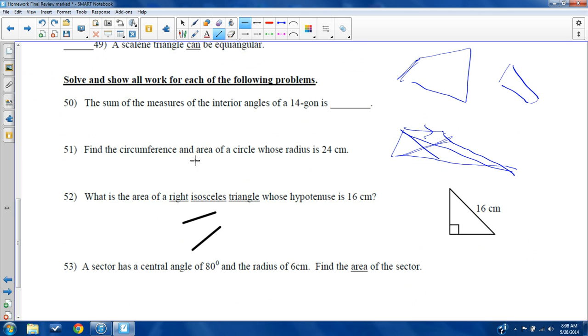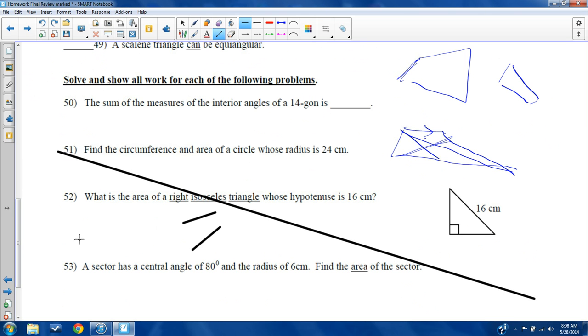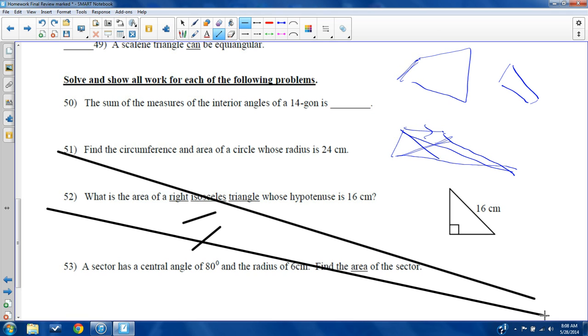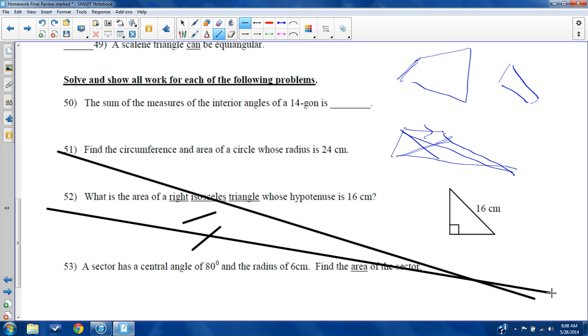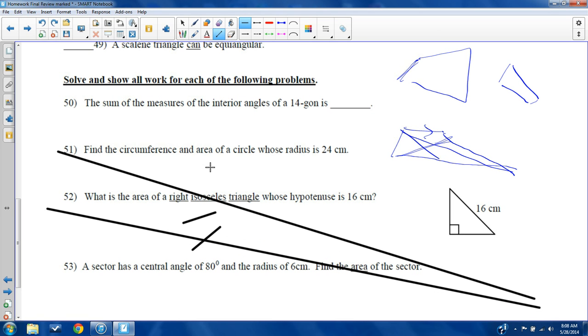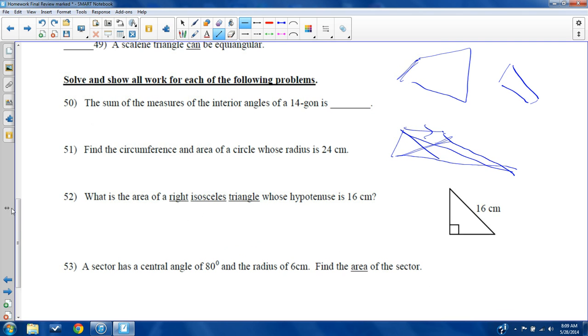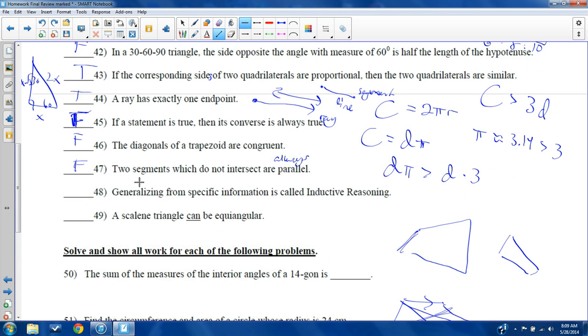They have endpoints. In lines, when they go on forever, if they're not parallel, eventually they'll intersect wherever. But if they're segments, even these two, they are not parallel, but they do end. They do not intersect. If this said 2 lines which do not intersect are parallel, that would be true. Segments and rays are false.